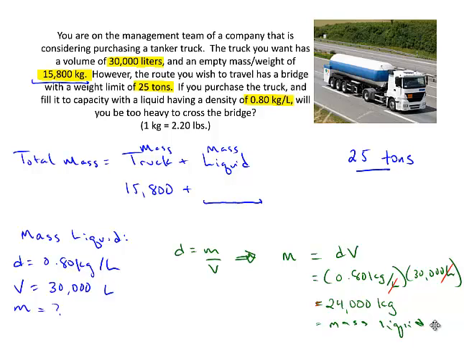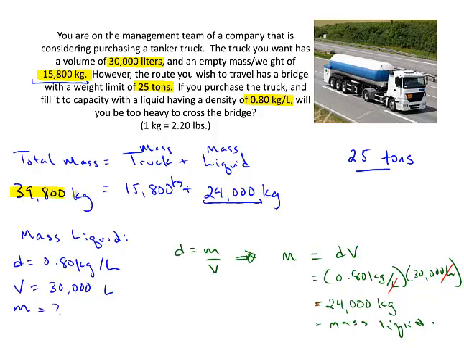Okay, so we can say our total mass, coming back up here, if the mass of the liquid is 24,000 kilograms, the total mass of the truck full would be 24,000 plus 15,800, which is 39,800 kilograms.